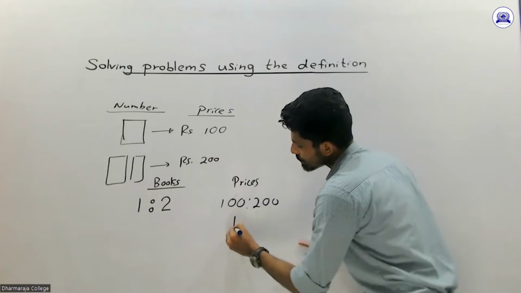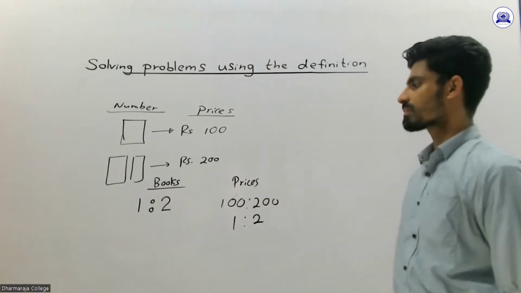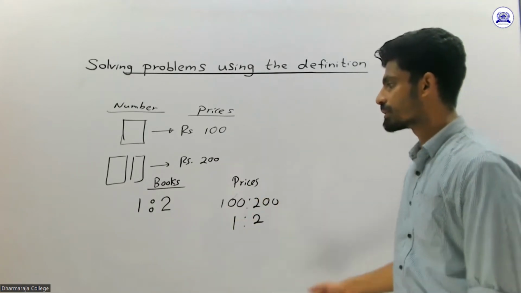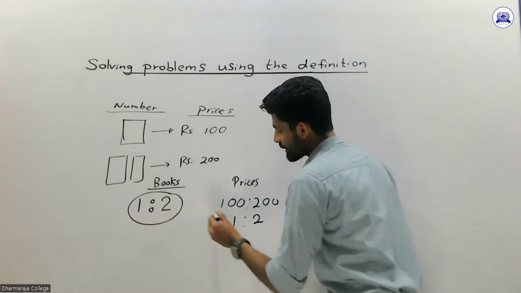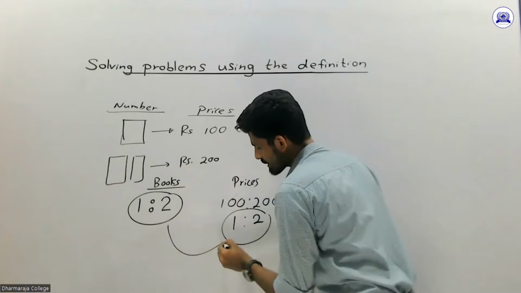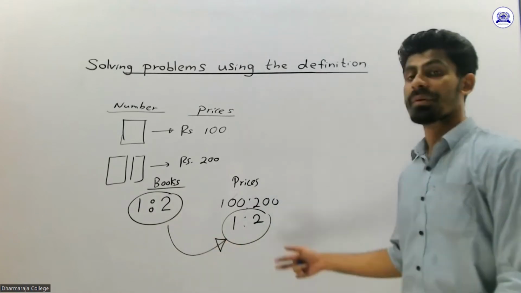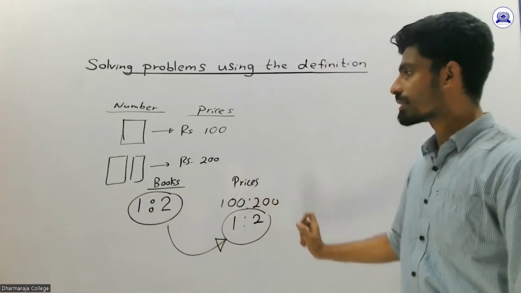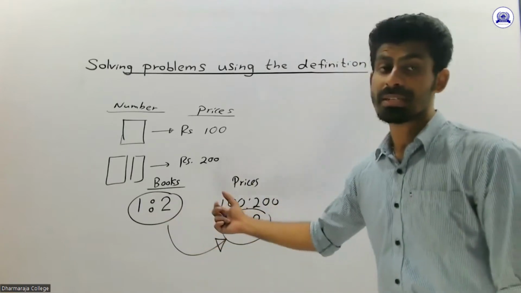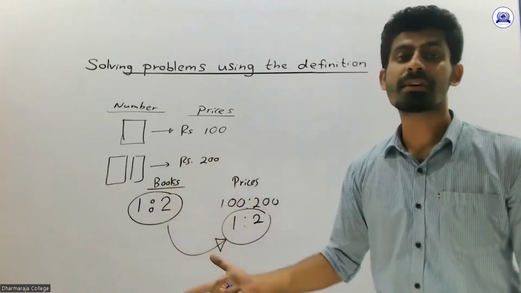We can simplify this to 1 to 2. That means those ratios are equal. We have already discussed this: the number of books is 1 to 2, and the price is also 1 to 2. Those ratios are equal, as in the first session of this lesson.